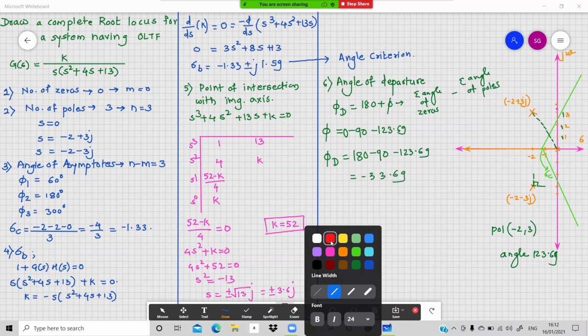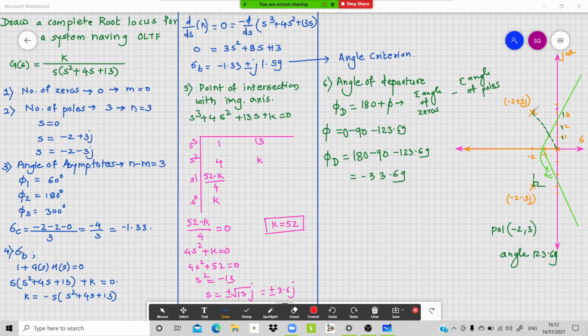Now that means, see, this is the pole, this is 0, correct? From this, below at 33 you have to draw a line. I'm talking about this red thing, minus 33.69.